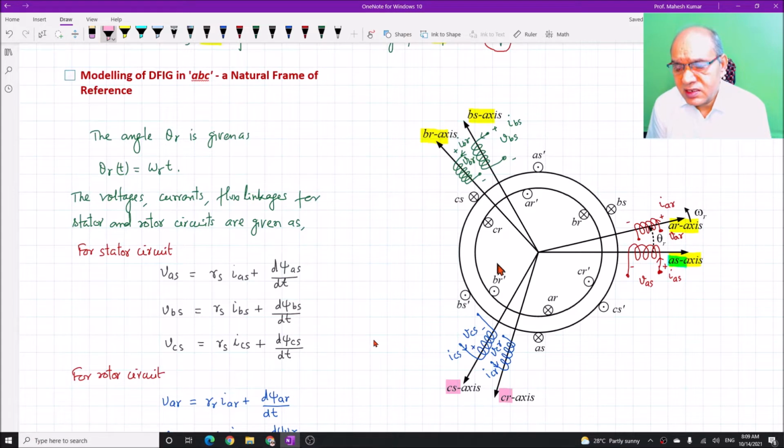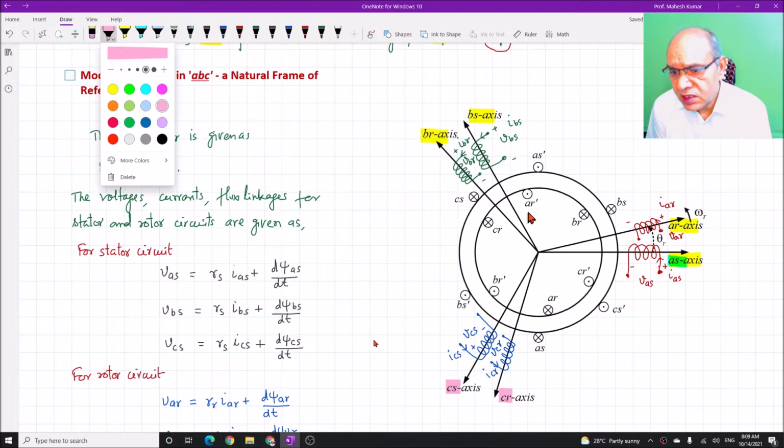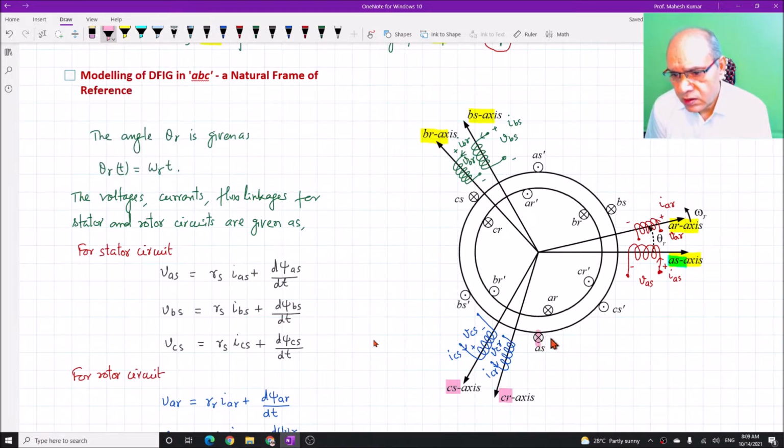If you see the representation in terms of the dot and the cross, this is the AS, the stator part, and the winding is placed on the stator. Cross means the current goes into the plane, so current comes here, goes through the stator and comes back through the winding connections back to here. And dot means coming out of the plane, cross means going into the plane.